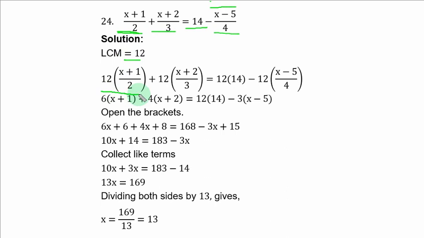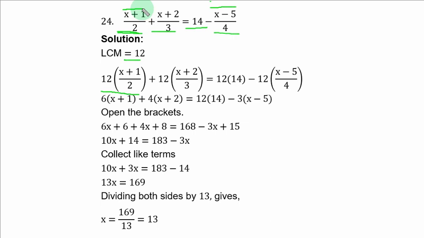And again, I prefer using bracket if the numerator is 2 terms and above. You know, when you are to open the bracket, the coefficient multiplies each term in the bracket. But if you don't use bracket, to some people, there is tendency of multiplying only the first term, leaving the rest.